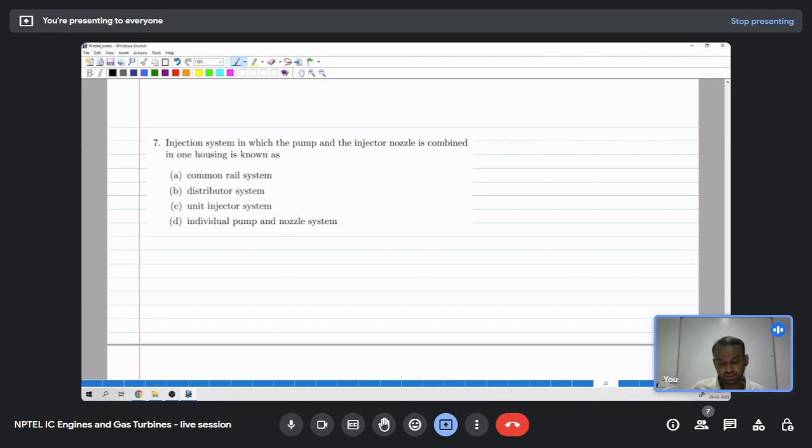Injection system in which the pump and the injector nozzle are combined in one housing is known as: common rail system, distributor system, unit injector system, or individual pump and nozzle system?